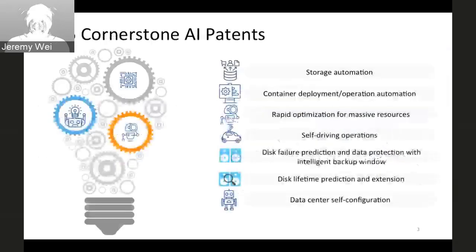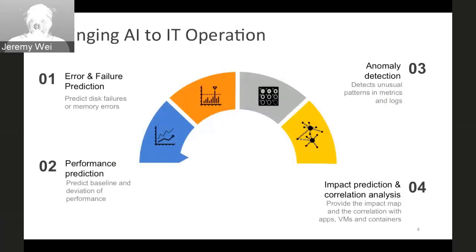In the past 6 years, we have been granted over 15 patents. All of them are the cornerstone of the AI technologies, such as container deployment, operation automation, performance optimization, health model prediction, and data center automation, and so on. And we will also give you more details about our technologies.